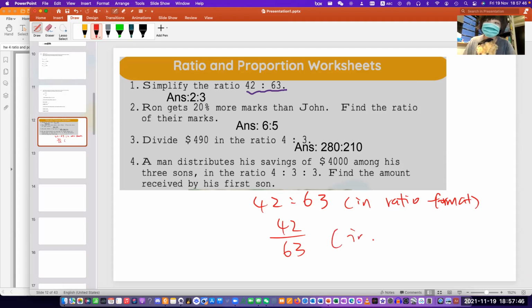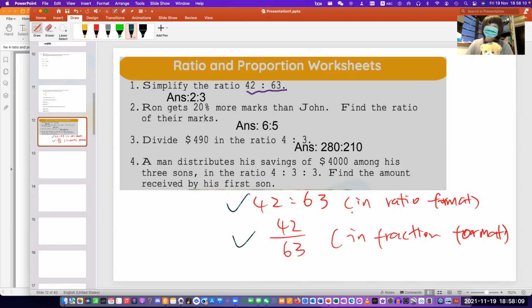This is in fraction format. Mathematically, these two are the same, so both of these are accepted.